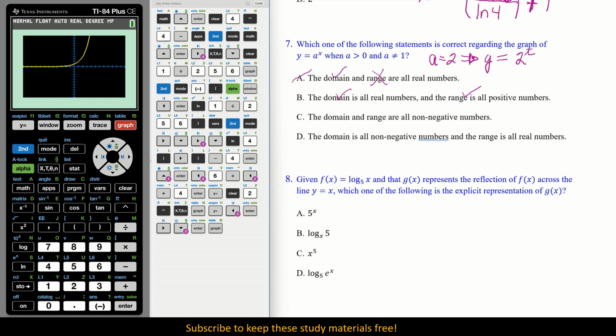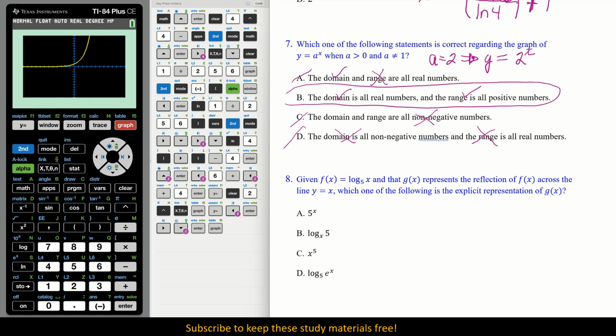It has to be negative and positive. So I'm going to have to disagree with that statement, all of that statement. D, the domain is all non-negative numbers. No, I disagree with that part. And the range is all real numbers. And I disagree with that. That entire statement is incorrect. So we know now that the correct option is B.